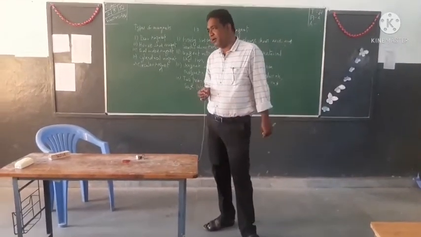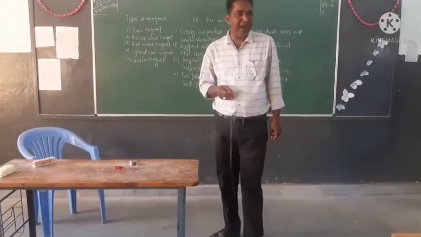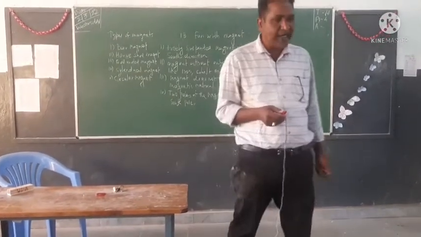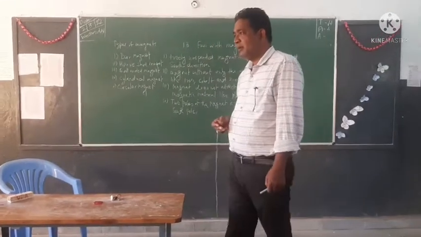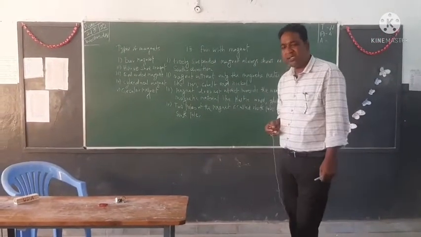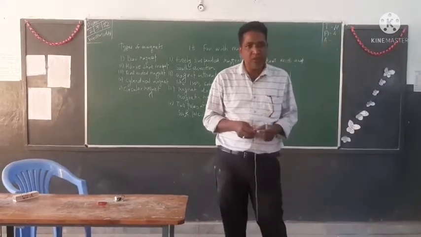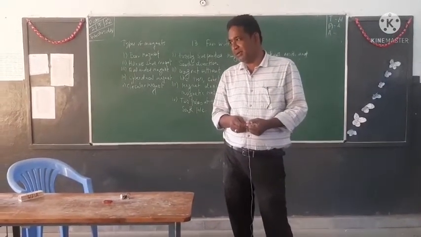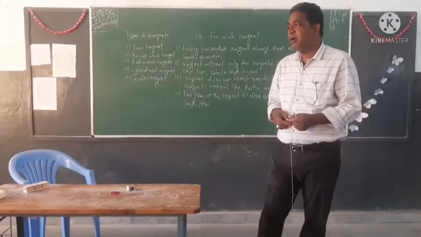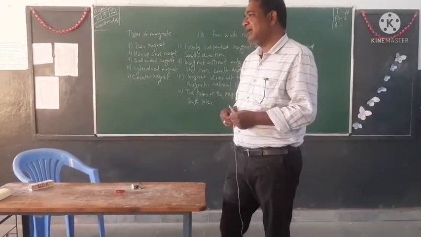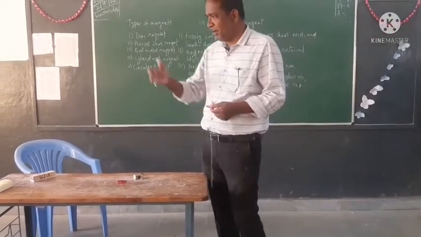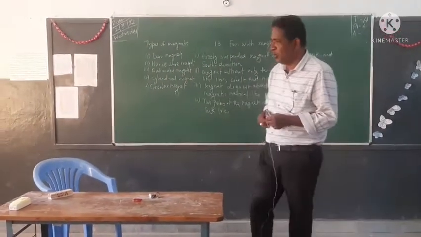How can the magnetic property of the magnet be lost? If you put the magnet in contact or near electronic devices. Yes, sir. And when it is thrown from a height. Yes, it also loses its magnetic property when you throw the magnet from a height. Or if you heat the magnet to a high temperature, again it loses its properties. Now you tell me what are the reasons why a magnet loses its property.